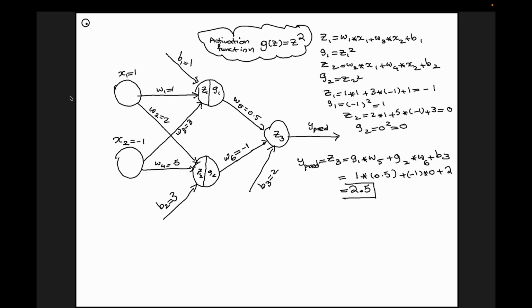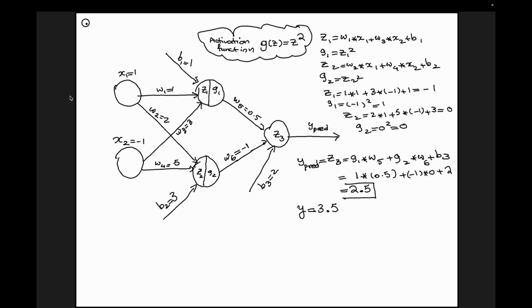All right, let me make sure we have done everything correctly. Yes, okay, perfect. So now imagine we are living in a world where we know that our real Y, what we were trying to predict, our observation, was 3.5, okay?